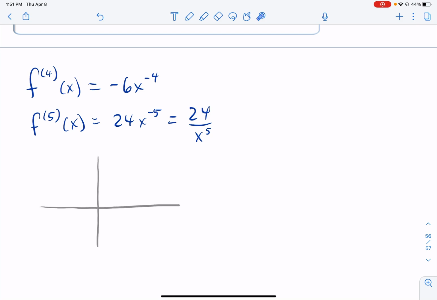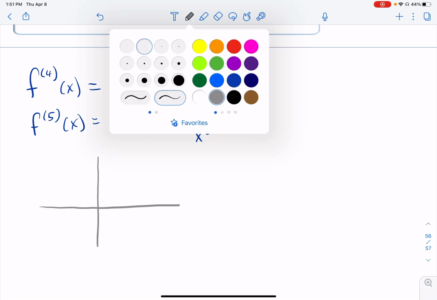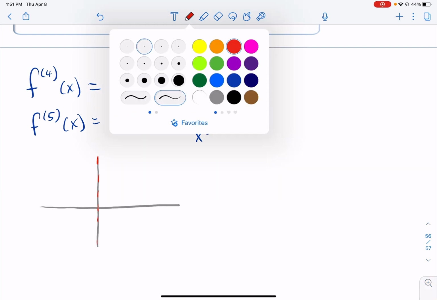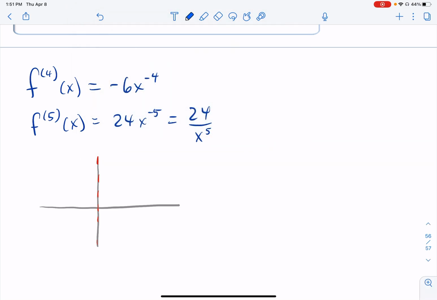So think about this. On this thing, we have an asymptote here at 0. Here, let me throw it in red. And then you're going to have a part of your function over here, and part of your function is going to be down here.